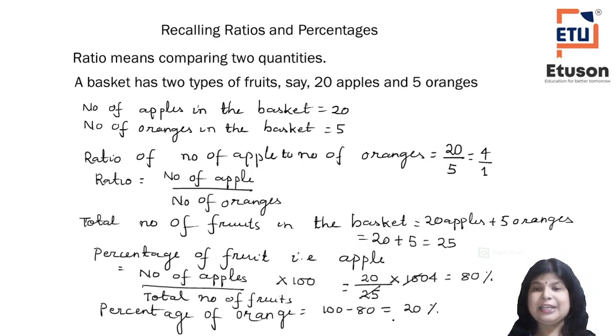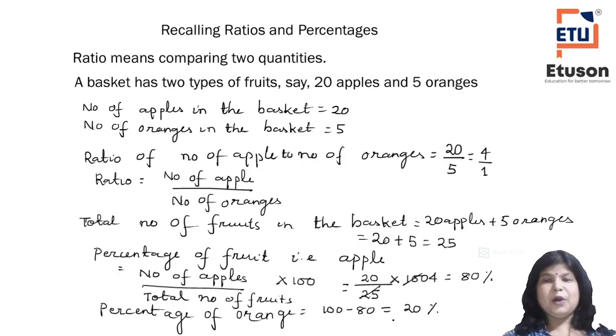So as 80% of the fruit is apple, the remaining percentage of fruits are oranges. So this is how you can compare the two quantities either by the factor ratio or by finding out the percentage. Okay, children?